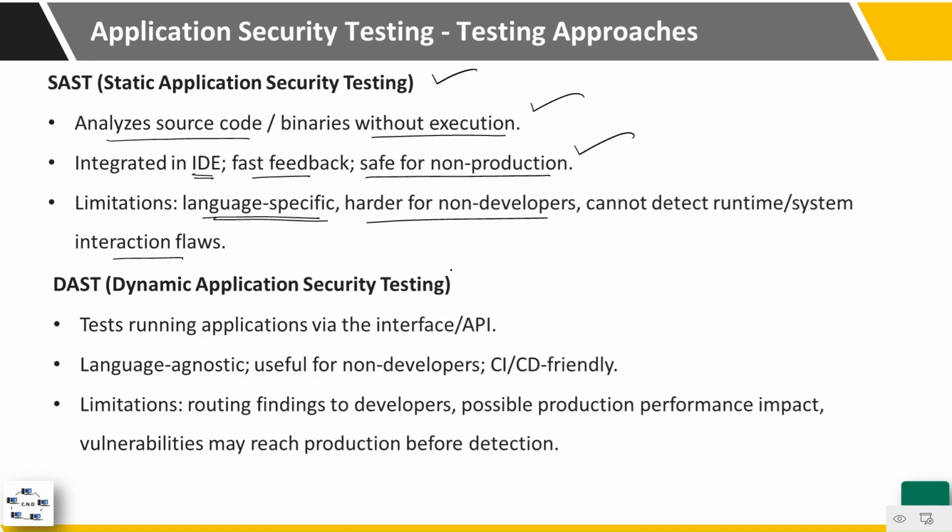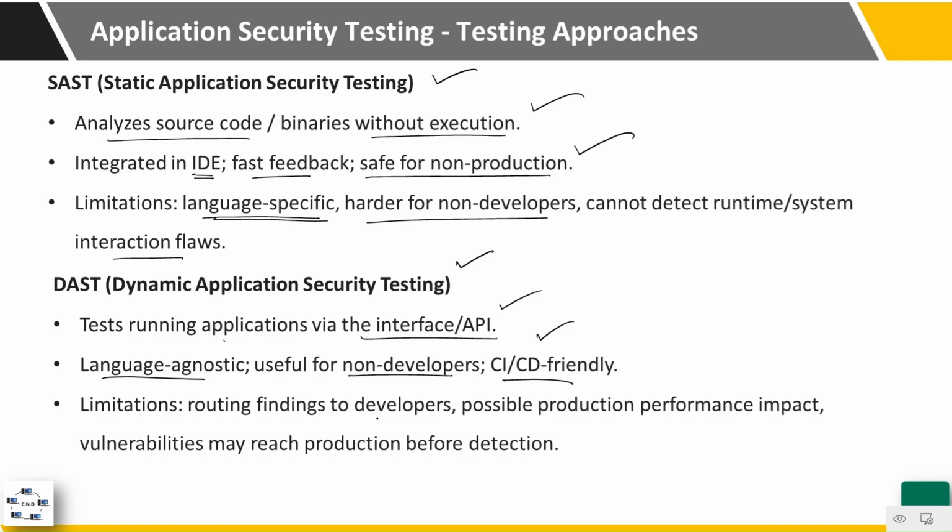The next testing type is DAST, that is dynamic application security testing, which tests a running application through interfaces and APIs, and it is language independent or language agnostic, useful for non-developers, and CI/CD friendly. Limitations of DAST include routing the findings to the developer.